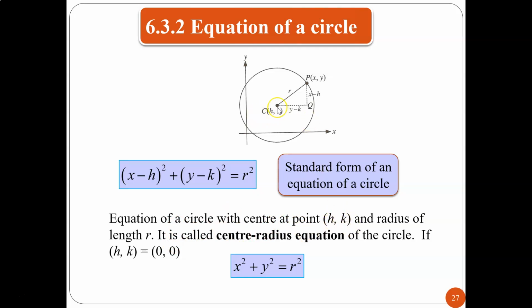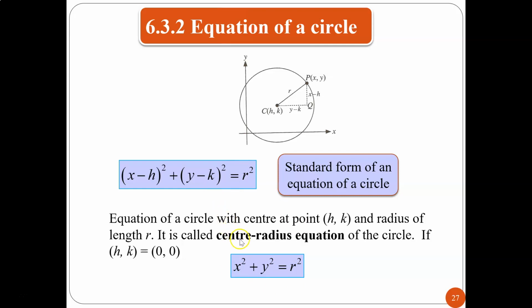So any equation of a circle with center at point HK. Ingatlah dia mesti ada center. Kalau circle dia mesti ada center dengan point HK. And dia mesti ada radius. Radius length R, it is called center radius equation of the circle. If HK equal to 0, 0, you akan dapat ni. So, kita ada ni standard form.